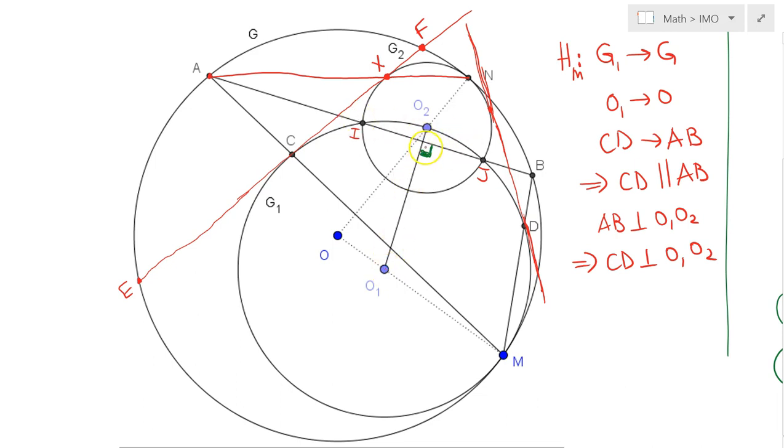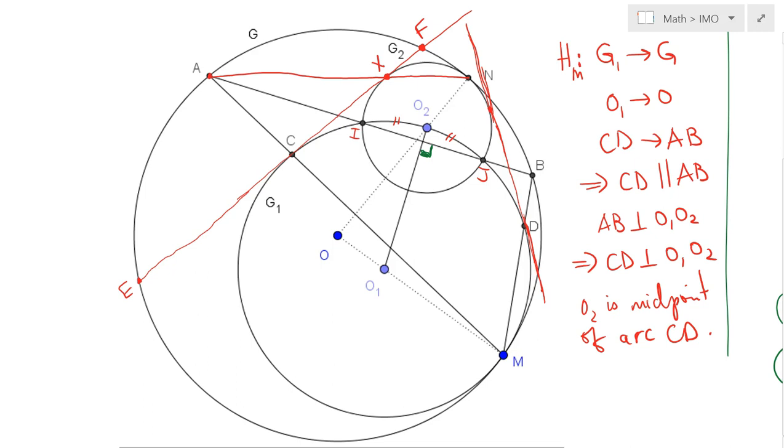I'm dropping a perpendicular, and it goes through O2, obviously. As a result, O2 must be the midpoint of this minor arc IJ, but then O2 should also be the midpoint of minor arc CD as well, because CD is parallel to IJ. So let me write that down. O2 is midpoint of arc CD.